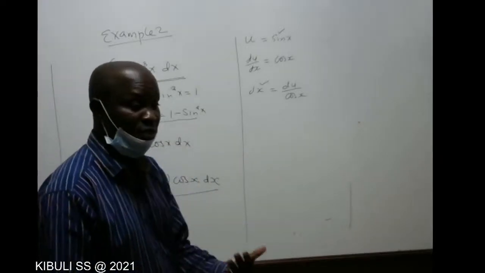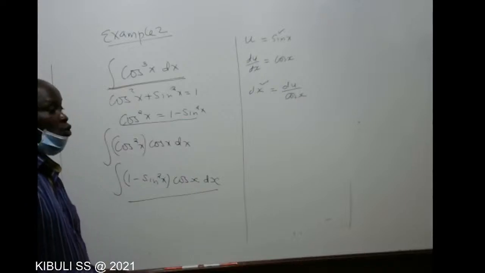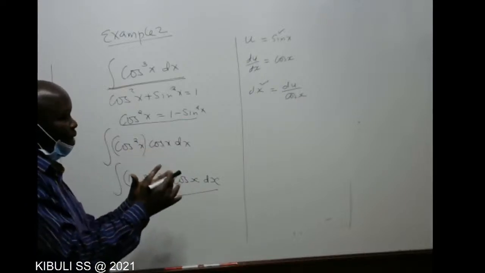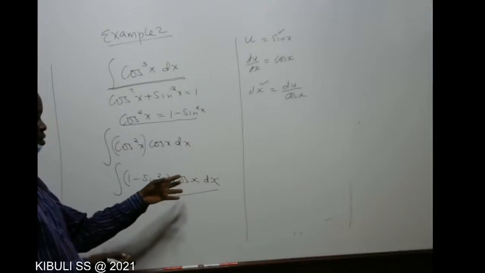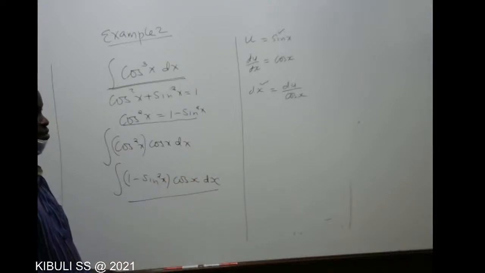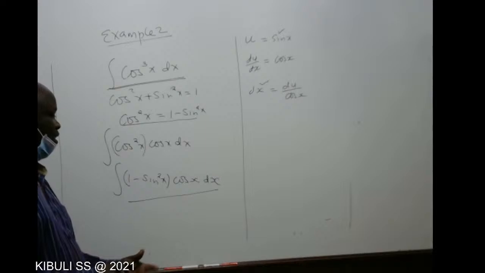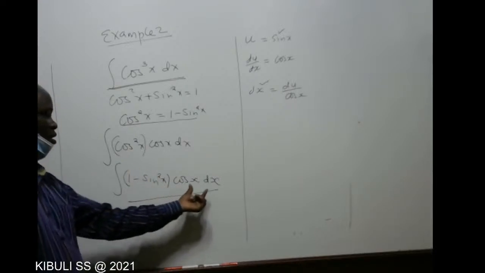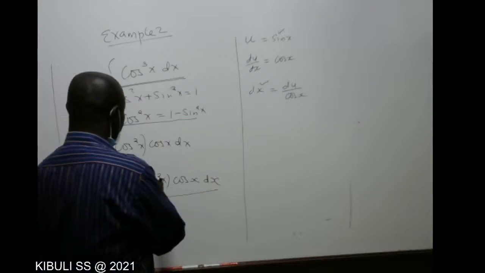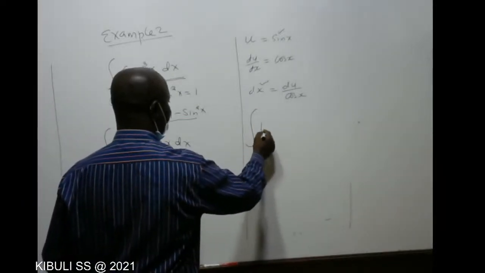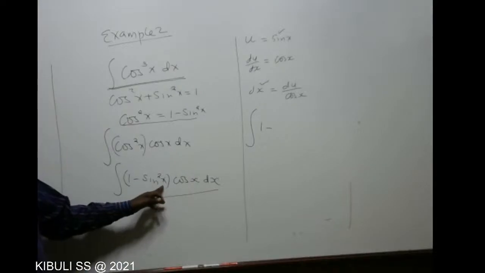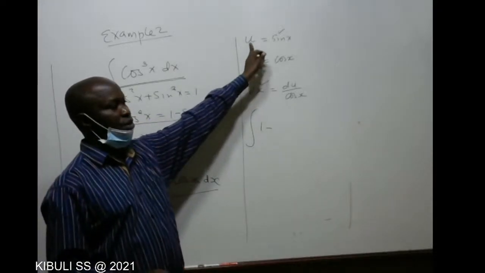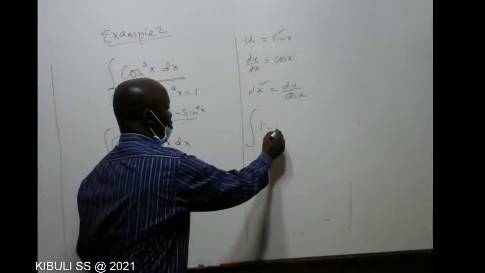It is derived from the function. So we are looking at the main thing, not the derivative. We only substitute for the function and the respect. That means this is equal to the integral of 1 minus my sin x, which is u, so it is going to be u squared.